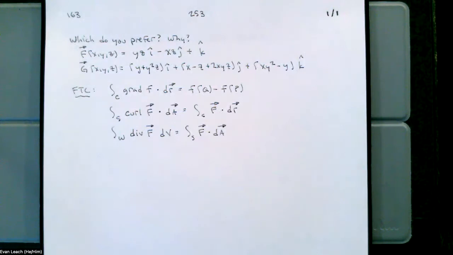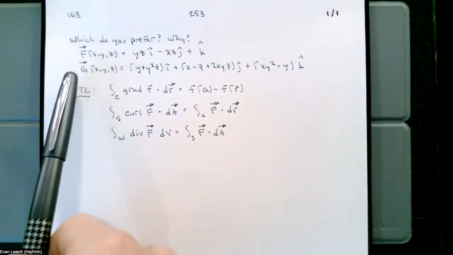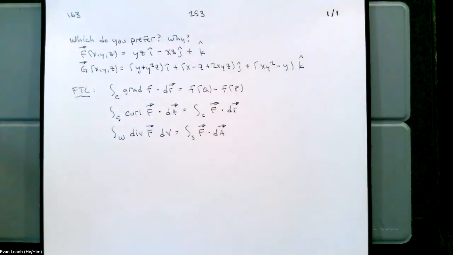Because if this vector field is a gradient field, then our life is going to be much easier in terms of calculations. If we know that this vector field G is a gradient field, then calculating a line integral is going to be very simple. We just need to find the potential function and then evaluate that potential function at the endpoints.